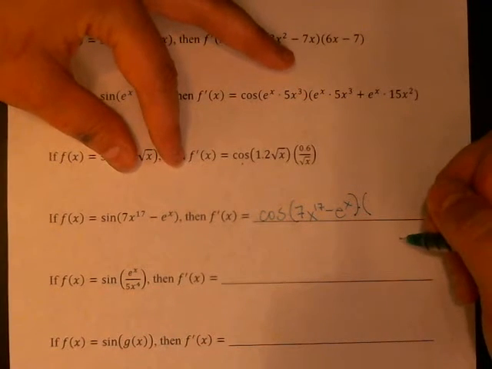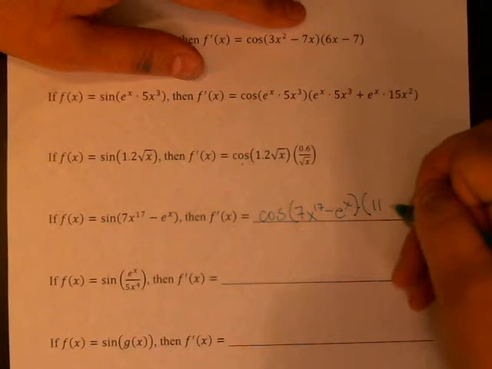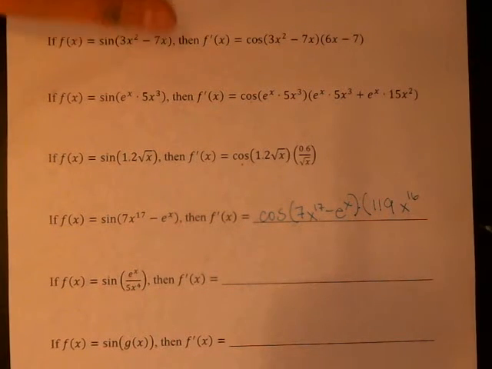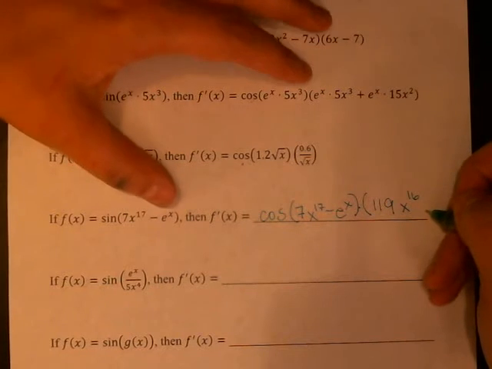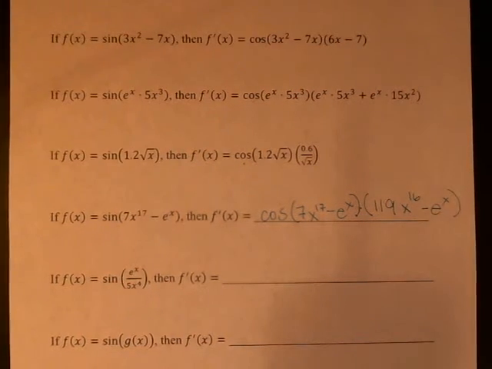Oh, I hate when I give myself big numbers. What is that going to be? 70 and 49? 119? Don't hate me if I did bad arithmetic. I think it's 119, but I might be lying to you. And then the derivative of e to the x is still e to the x.